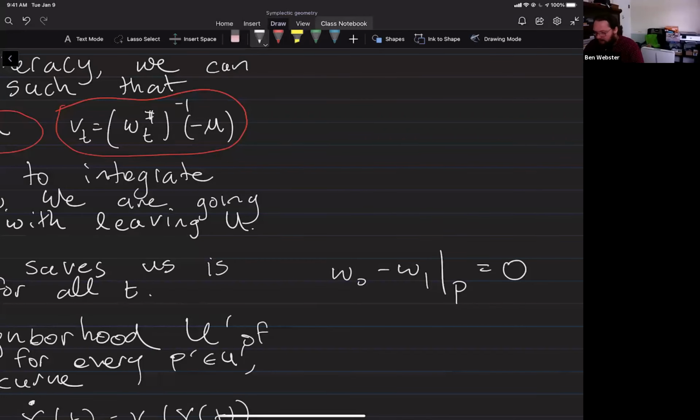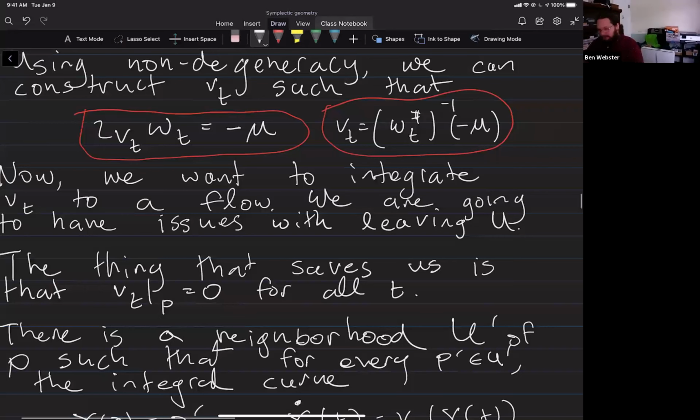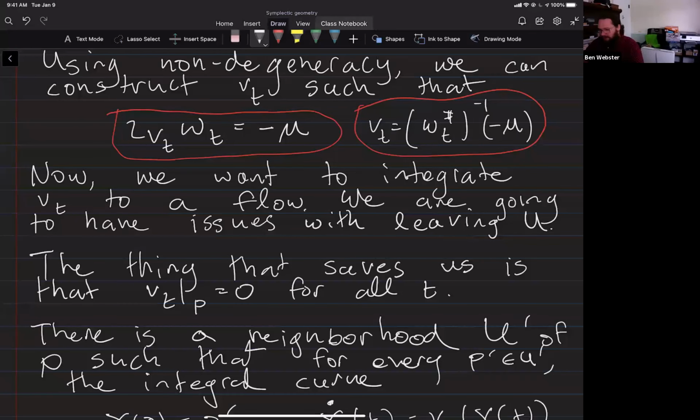Okay, so that means that going through this Moser trick, I can assume that mu is 0 at that point. And so I can assume that V_t is 0. And you might ask, wait a second, why is it that mu is 0?